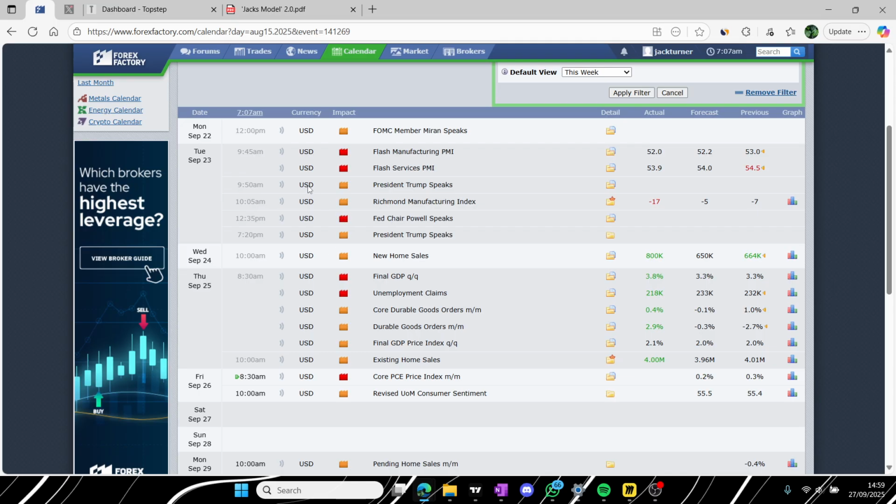If we've got high impact at 10 o'clock, let us try find one as an example. Here, Tuesday this week, we had PMI at 9:45 a.m. This is red folder, this is high impact news, so I'll wait for 9:45 to pass by, wait for the news to drop, and I'll start taking trades after that and see if there's any setups.